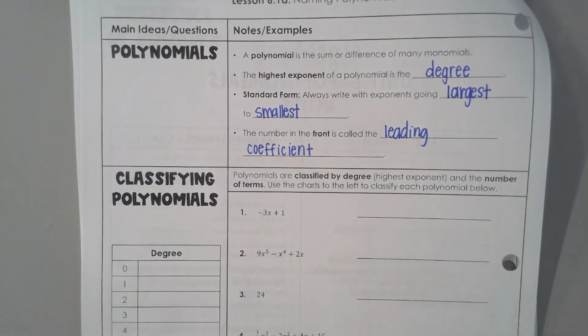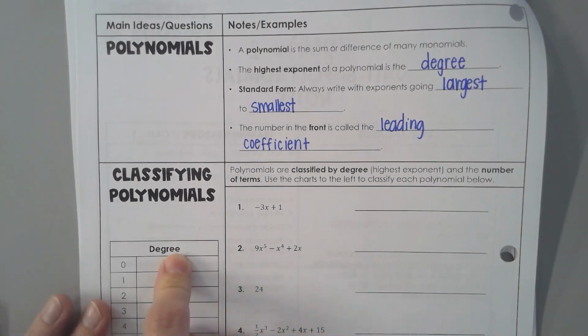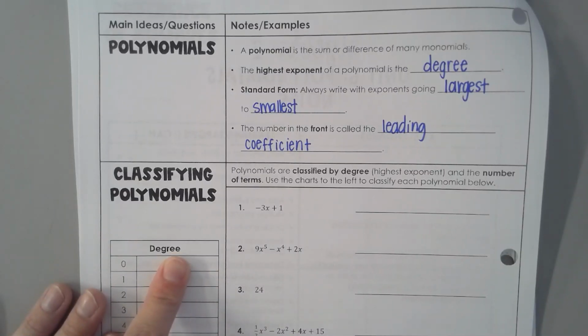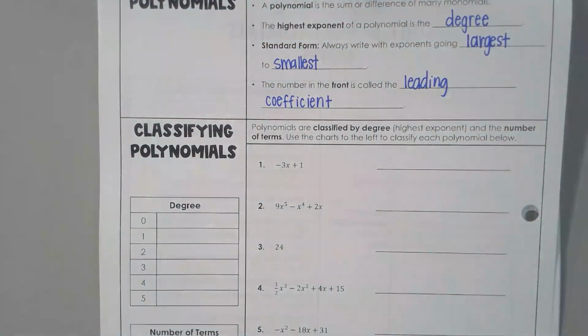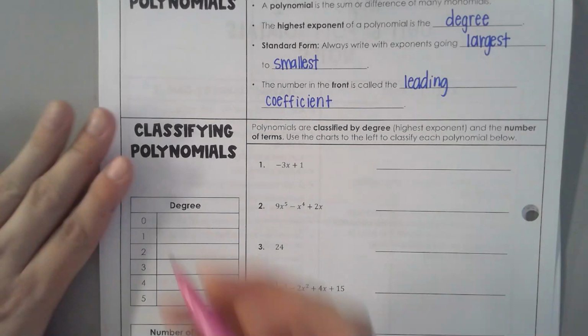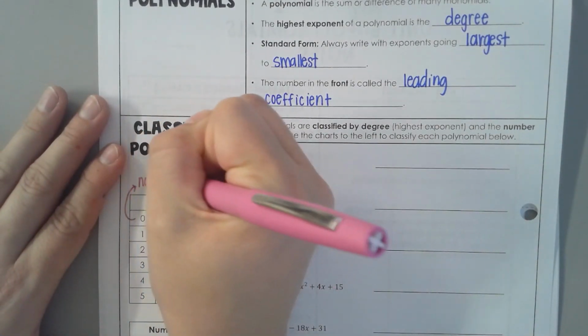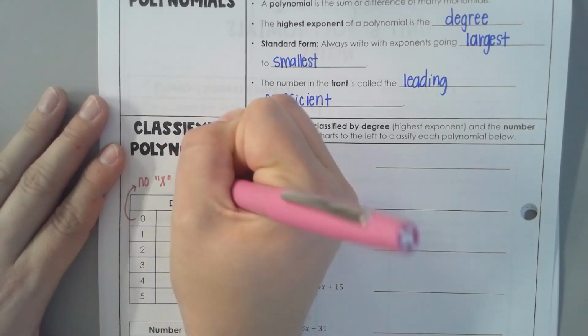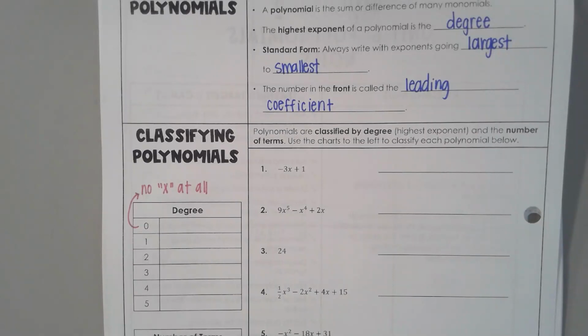For naming a polynomial, it gets two names. The first name is based on the degree. And what is a degree? The highest exponent. If the degree is 0, what that really means is that there is no x at all, because you don't really ever see an exponent of 0.